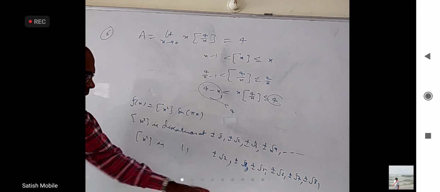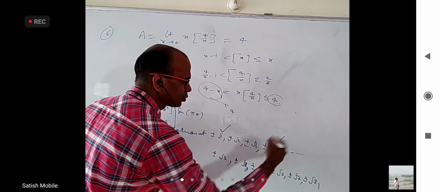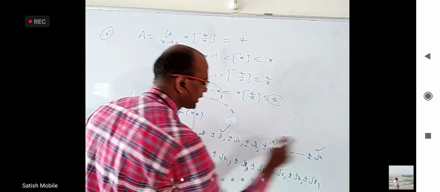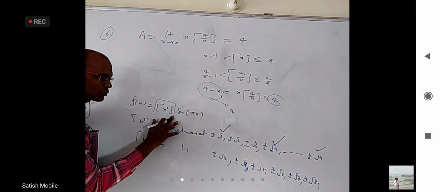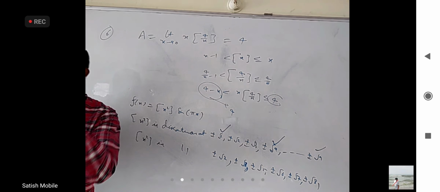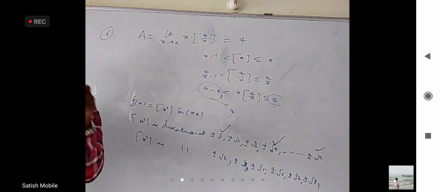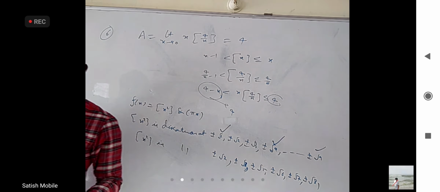Only at those places this is discontinuous. If I take 1, 2 and plus or minus root 9, at those places this alone may be discontinuous, but the product is actually continuous. So this total function is continuous at every integer, but discontinuous at square root of an integer which is not a perfect square, plus or minus of that.